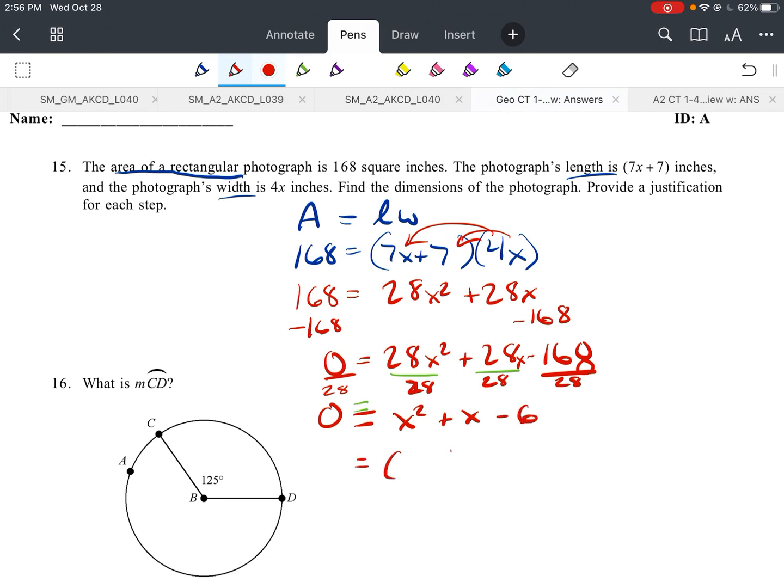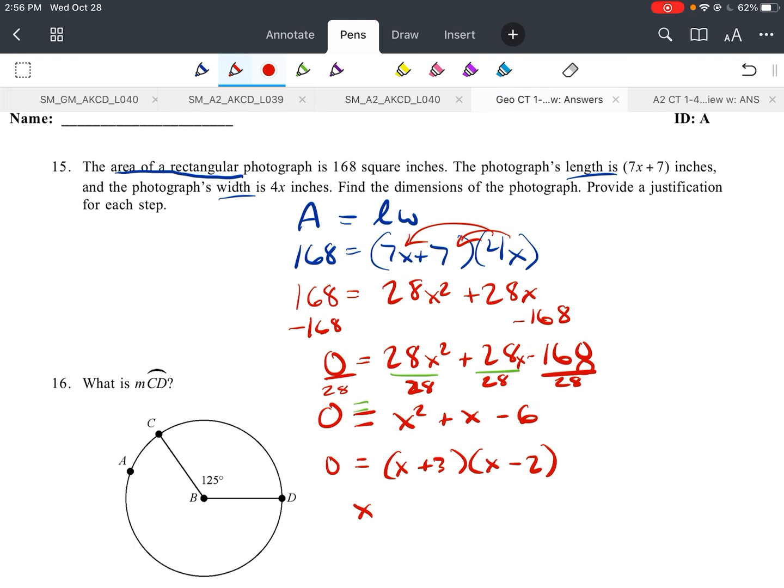Now you factor. So it's x, let's see, minus 6. It must be a plus 3, and x minus 2 would be the factors for that. Now you got two things multiplied to equal 0, so just set each one equal to 0.